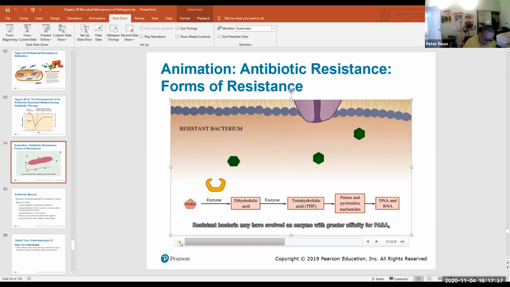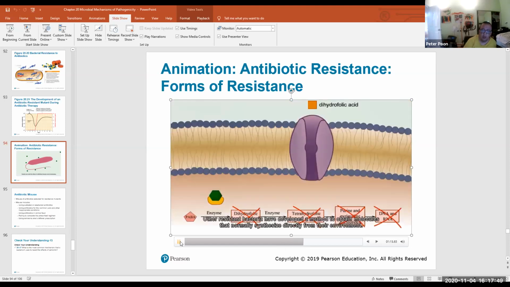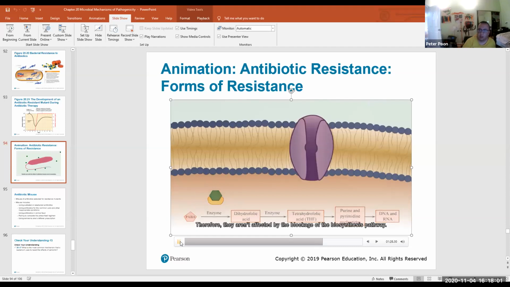Resistant bacteria may have evolved an enzyme with greater affinity for PABA, thus making the sulfonamide less effective at blocking the folic acid pathway. Other resistant bacteria have developed a method to obtain molecules they normally synthesize directly from their environment. Therefore, they aren't affected by the blockage of the biosynthesis pathway.